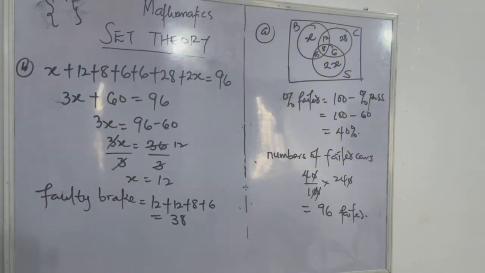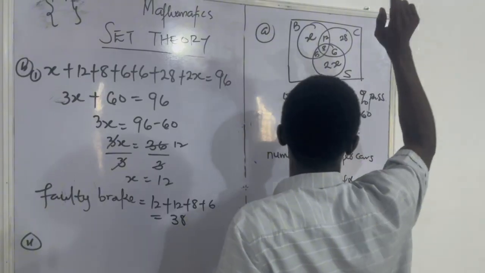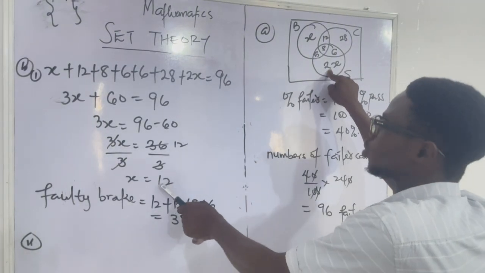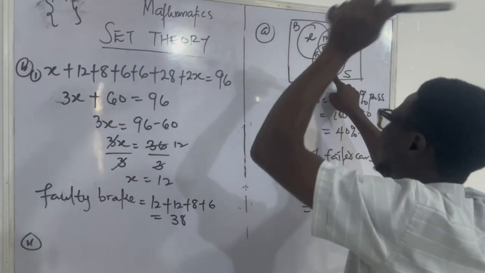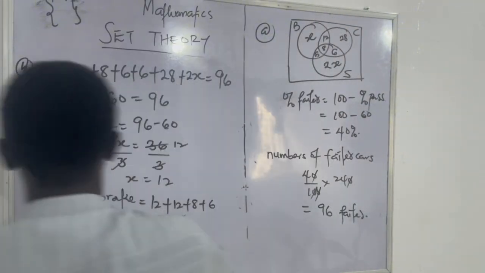The last one says we should find the number of cars with only one fault, only one single fault. 28 has only clutch fault. This is 2x, and x is 12 here, so steering only is 2 times 12, that's 24. The number with only brake fault is 12.